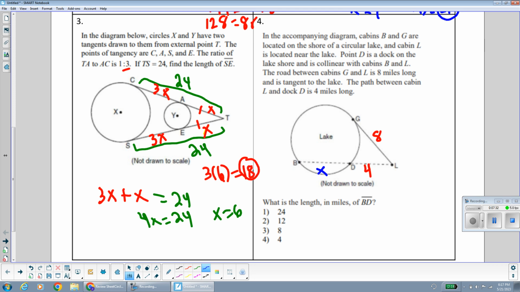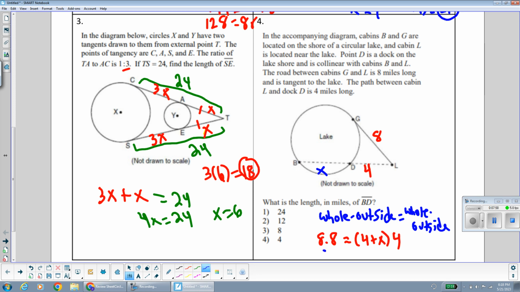So we're talking about segments formed by tangents and secants. So we're going to use our rule: whole times outside equals whole times outside. So the whole tangent is 8, and the outside part of the tangent is also 8. The whole secant is 4 plus x, and the outside part is 4.